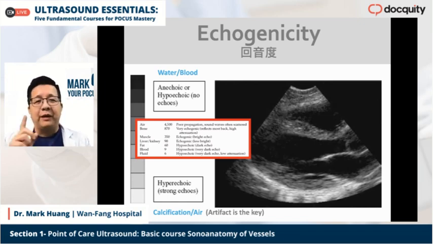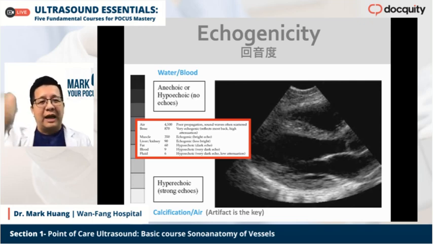But if you see a hyperechoic surface and you suspect it is air, it should be combined with a dirty shadow. It's not a very clear shadow like this.